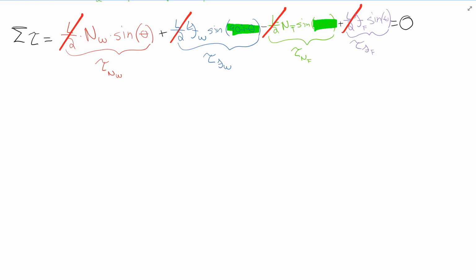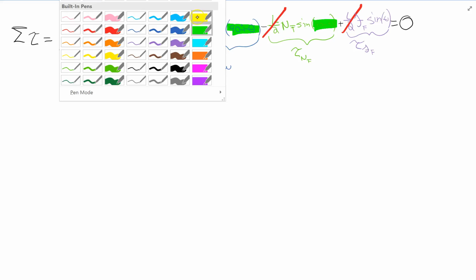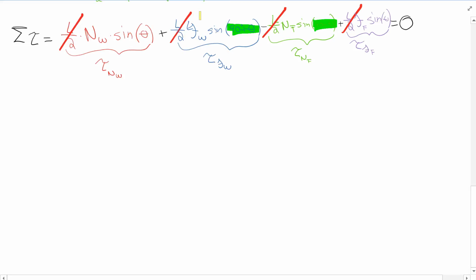Specifically, the nice thing that I'm going to take advantage of is that sine of 90 plus or minus theta is the same as cosine of theta. So anywhere that I see a sine of 90 minus or 90 plus theta, so here and here, those 2 terms, I'm going to replace it with a cosine of theta.